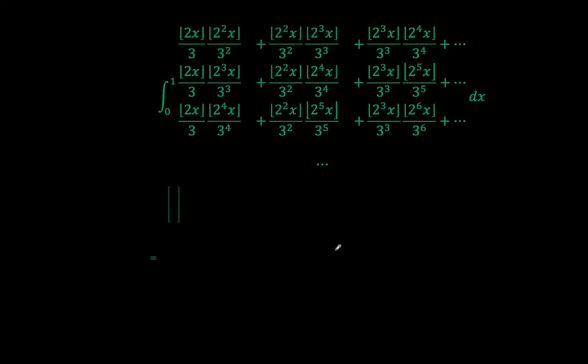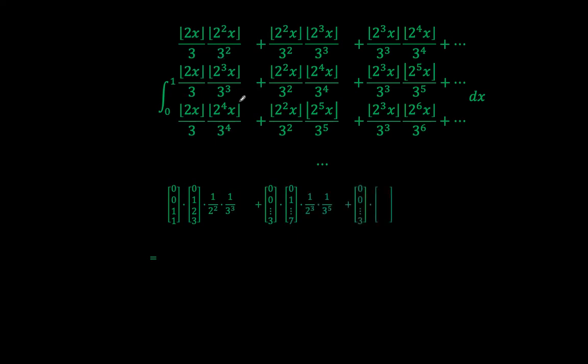So we can express that summation as a beautiful vector expression. For the floor function of 2x it will be 0, 0, 1, 1 times 0, 1, 2, 3, and then times 1 over 2 squared times 1 over 3 cubed, which is 3 times 3 squared.